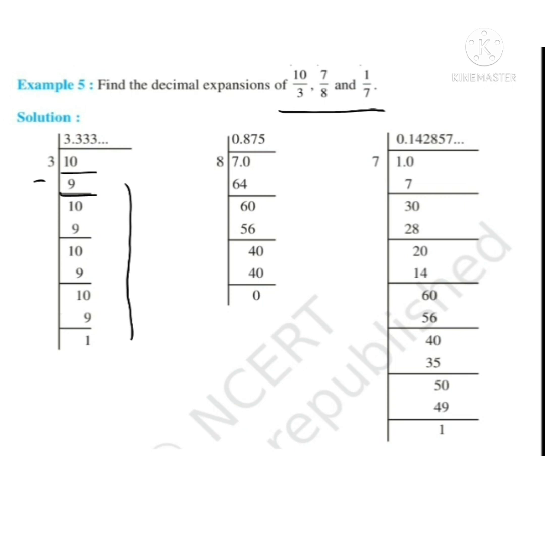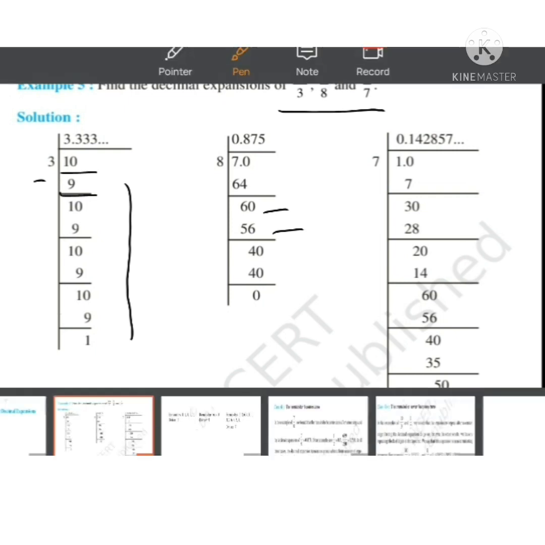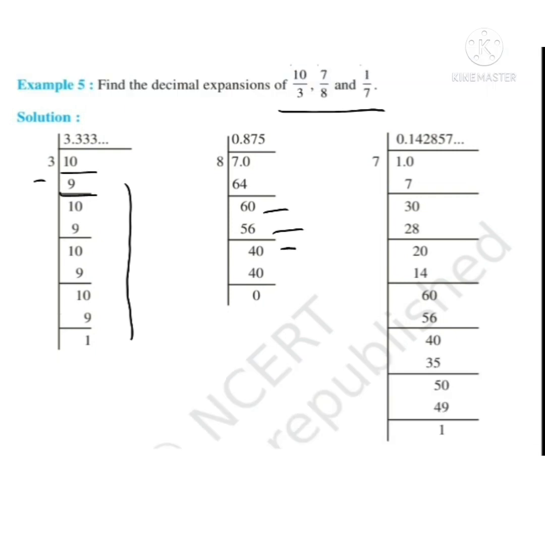Similarly, if we divide 7 by 8, we place a decimal, and 8 8s are 64, 6 is the remainder, again a 0, 8 7s are 56, remainder 4, 0, 8 5s are 40, and the remainder is 0. That means it is completely divided by this number. Okay, now 1 by 7.